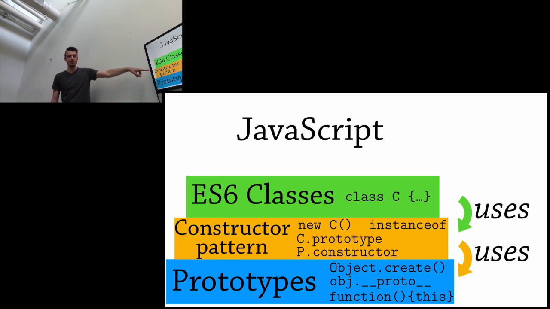I don't know if I should say the word macro, but it's a very thin abstraction to the constructor pattern. Everything you can do with this, you can do with this. Yeah, exactly. It's syntactic sugar. That's the word. Thank you very much. What is a thinner abstraction than syntactic sugar?